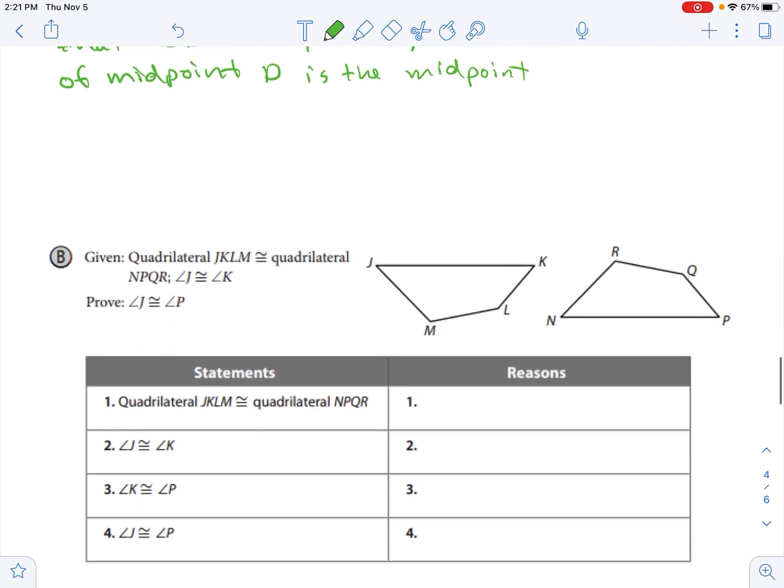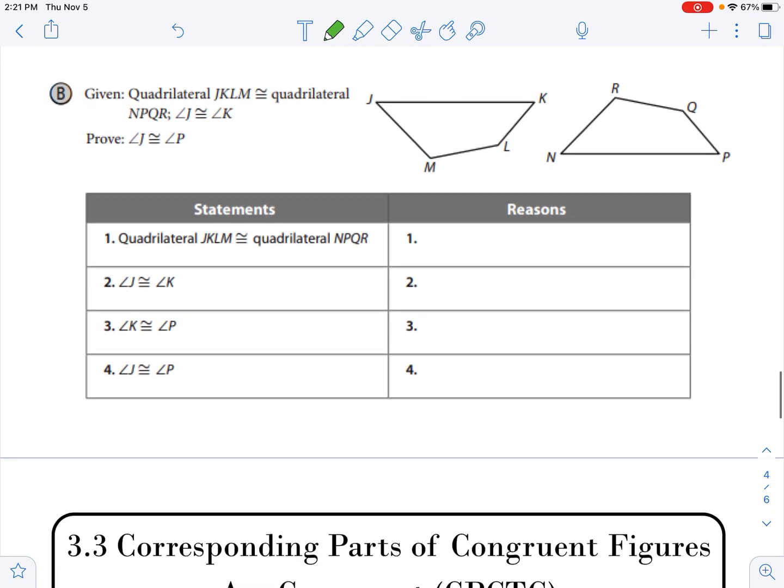All right. This one here, we again start out with your given. So it says quadrilateral JKLM is congruent to quadrilateral NPQR. That would be given to us. Next, they say angle J is equal to angle K. Again, that's given to us.